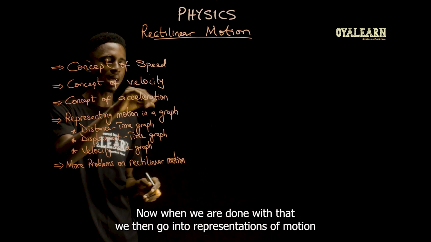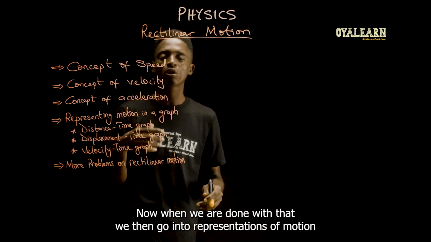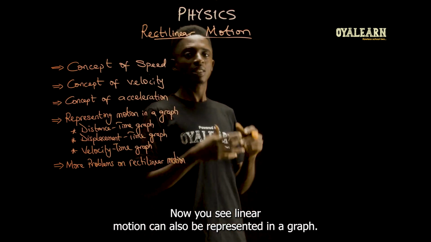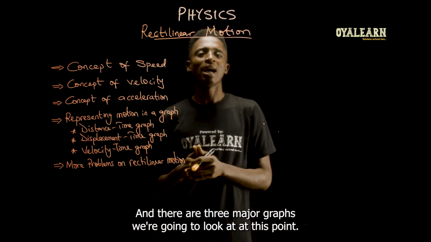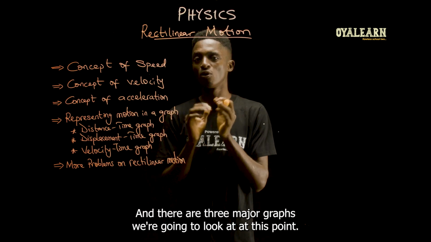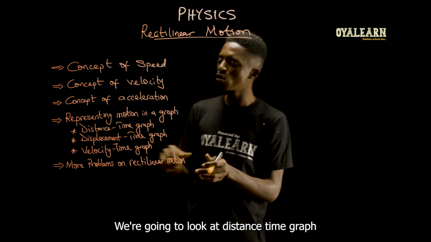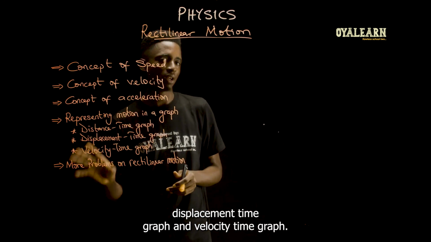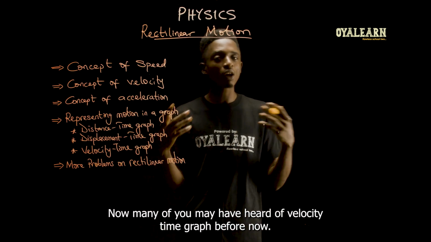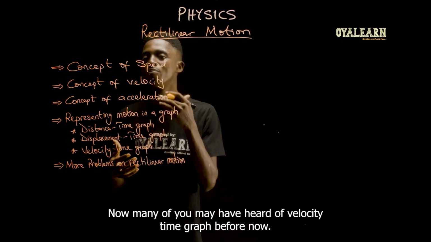Now, when we are done with that, we then go into representations of motion with graph. Now, you see, linear motion can also be represented in a graph, and there are three major graphs we're going to look at this point. We're going to look at distance time graph, displacement time graph, and velocity time graph. Now, many of you may have heard of velocity time graph before now.